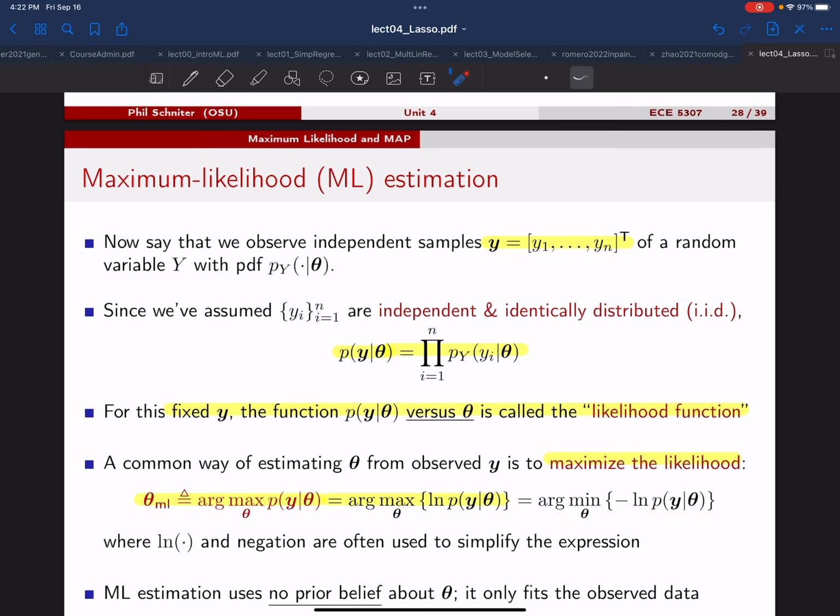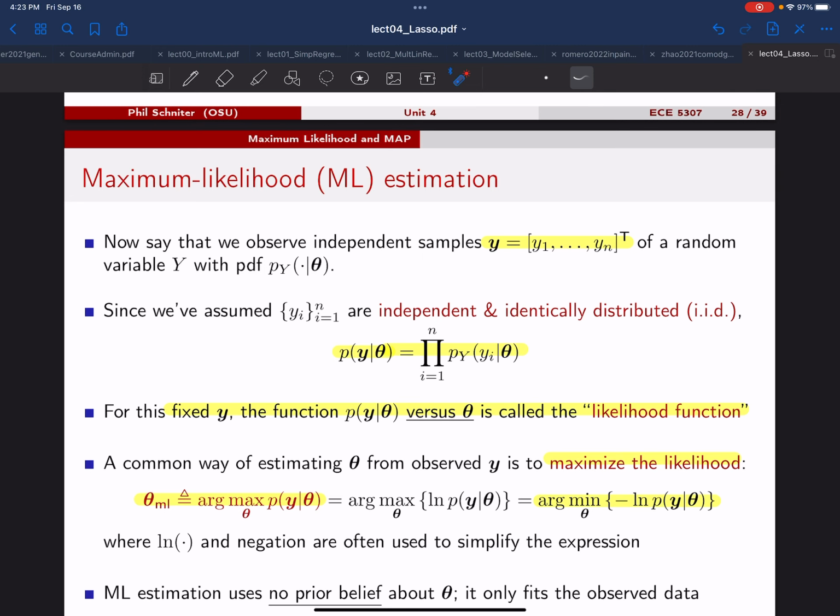Okay, so this is the final expression. Let me erase this. So typically, from just a definition point of view, this makes the most sense. But then from an actual computation point of view, this is what you do. You minimize the negative log likelihood. Okay, is everybody with me so far?